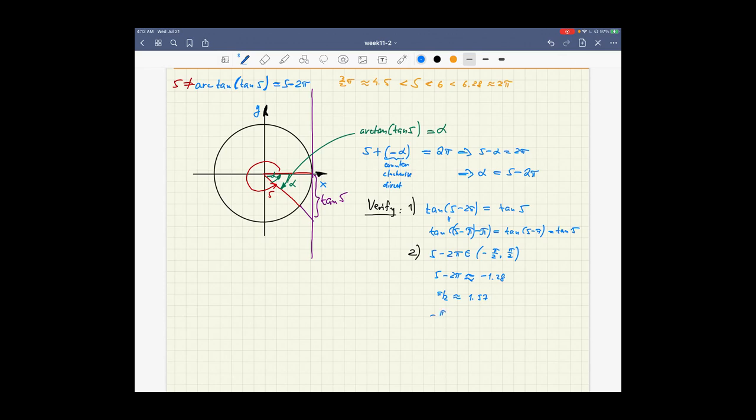So negative pi over 2 is roughly negative 1.57. So of course, this number, negative 1.28, is between this and this.